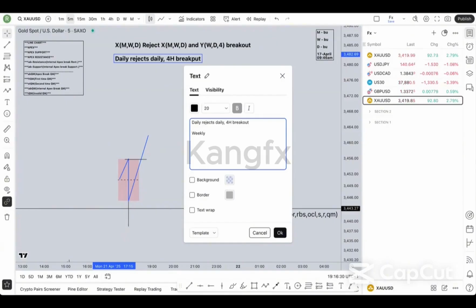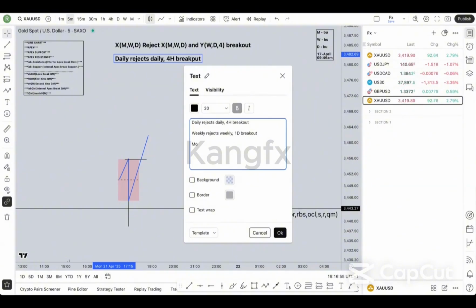Weekly rejects weekly, daily breakout. If we want to get a storyline for monthly, what do we do?